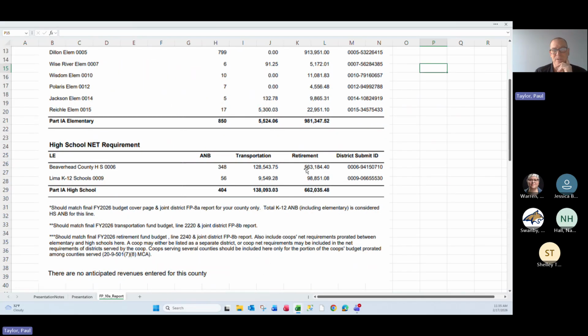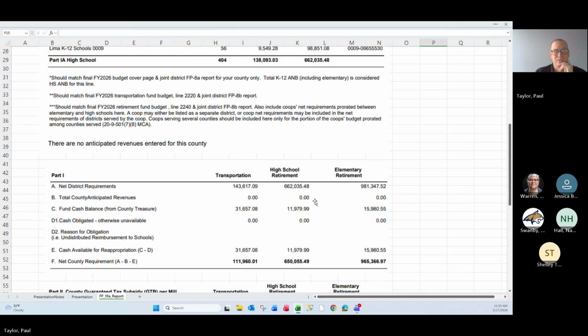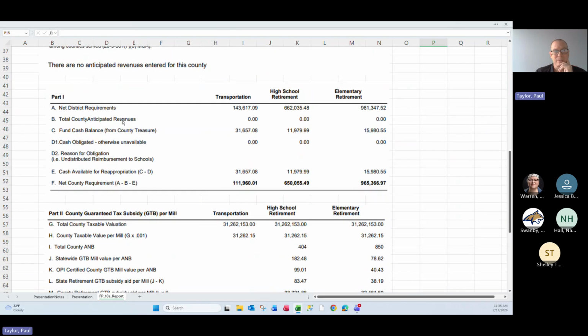Here we have the same for their high schools. Here I have a total of the net requirements, their anticipated non-levies, their fund balance, any obligated cash. That would be for like encumbrances and stuff. Here's what they have available. This is the adjusted net requirement.